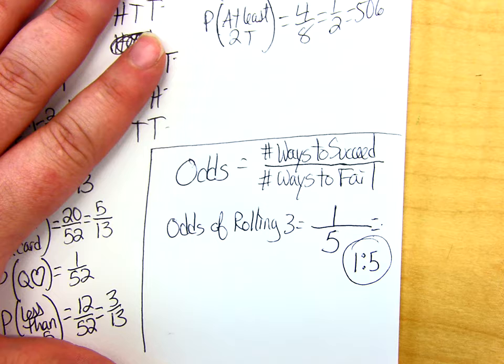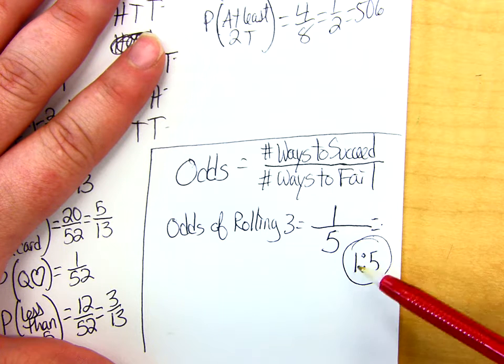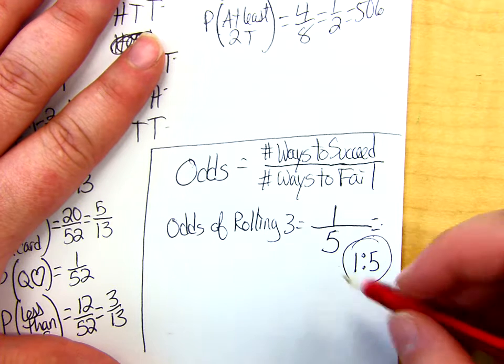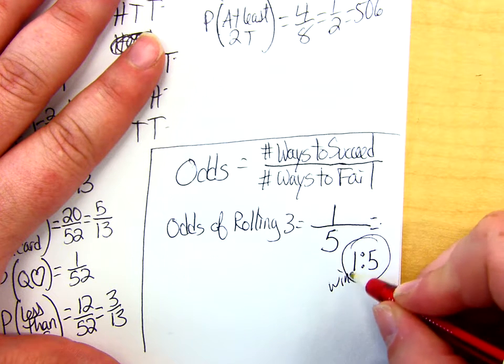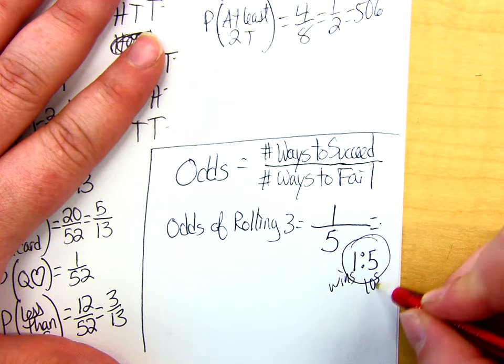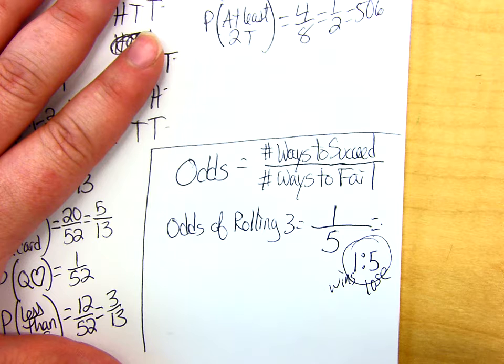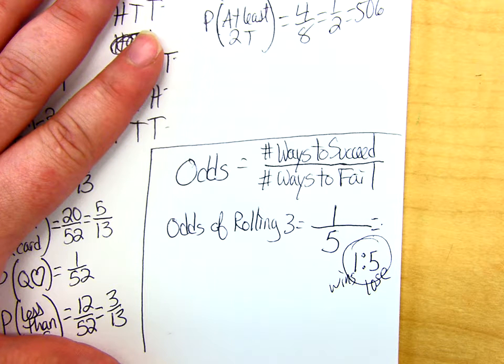You have to add together the wins and the losses to get your bottom. So it'll be 1 over 6. This is always ways to win, and this is ways to lose. Probability is ways to win over total. So the total outcomes are 6, but with odds, you always want to compare wins to losses.